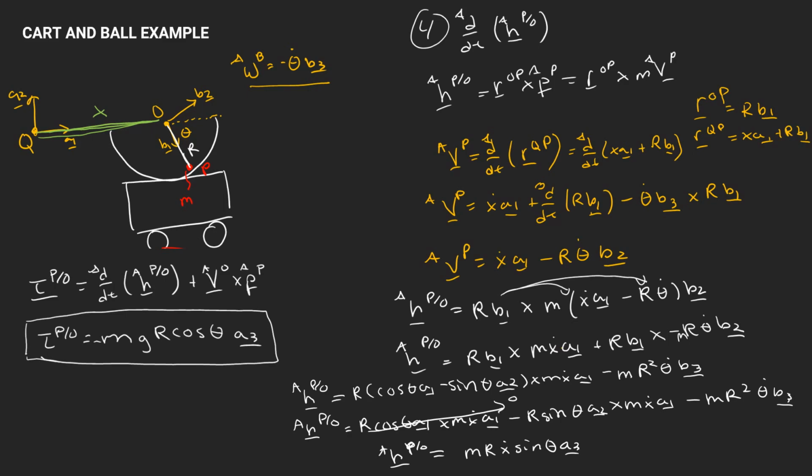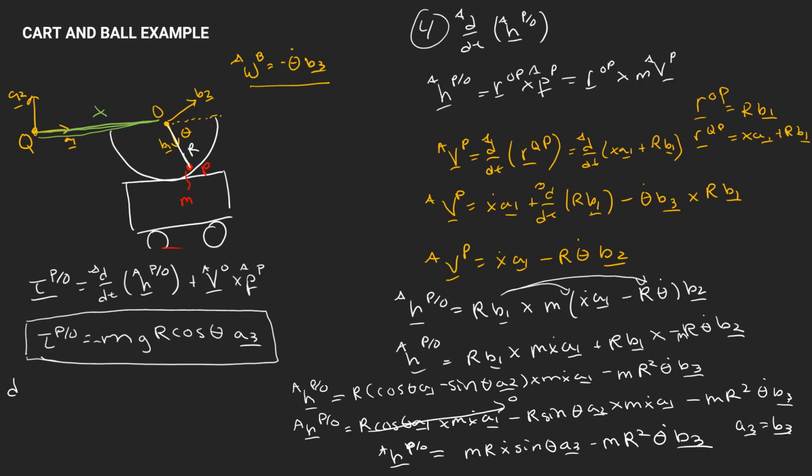And then we have negative m r squared theta dot B3. And so you can combine these terms because, again, A3 is equal to B3. And so I'm just going to now write this over here because we have to take the derivative.